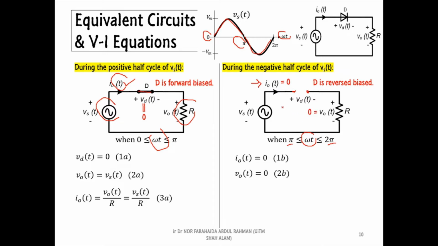Lastly, by applying KVL, we can obtain the voltage equation of the diode. Based on this equation, it verifies the turn-off characteristics of an ideal diode, which is the diode will stop current conduction by blocking a large reverse voltage.